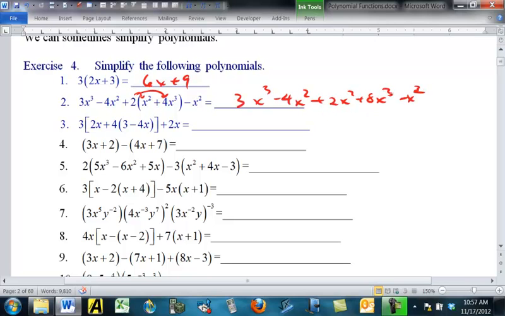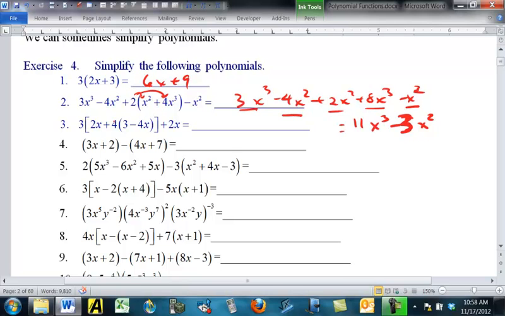And then we combine like terms. 3x cubed and 8x cubed combine to be 11x cubed. Negative 4x squared minus 1x squared is negative 5x squared. And, oh, we also have 2 more x squareds, so that makes this negative 3x squared. So we can combine and simplify. That's a lot simpler than the original.